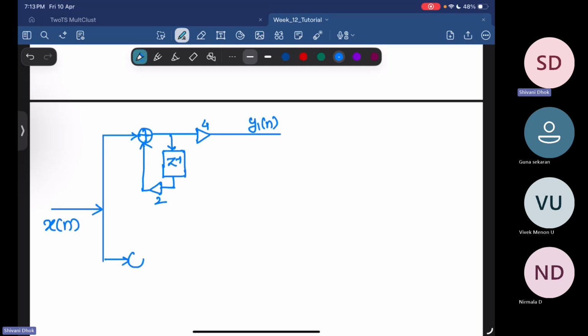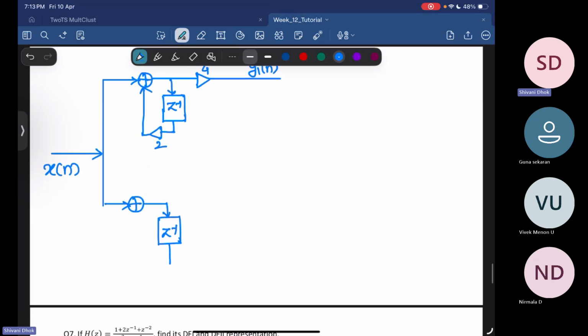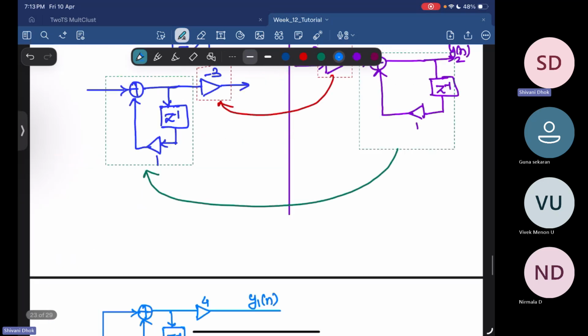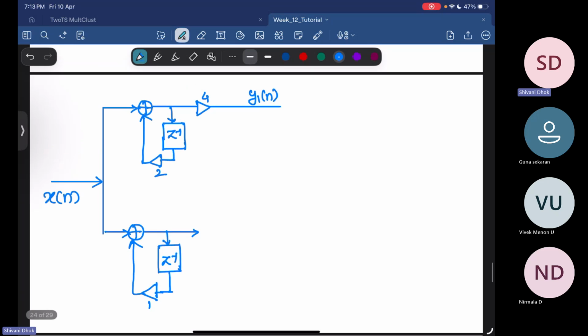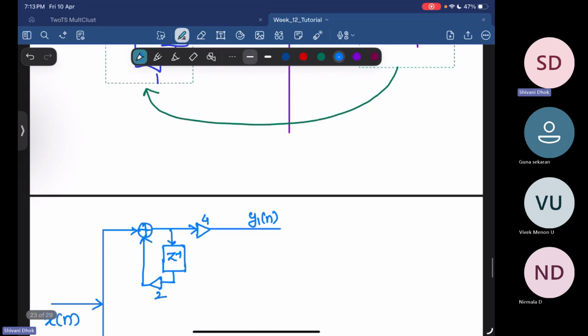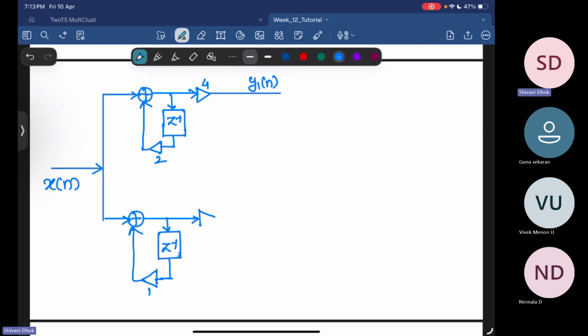Similarly, you have an h2 of z, you have an adder block, z inverse, you scale it by a factor of 1, and this gets scaled by a factor of -3, and this basically gives you your y2 of n.